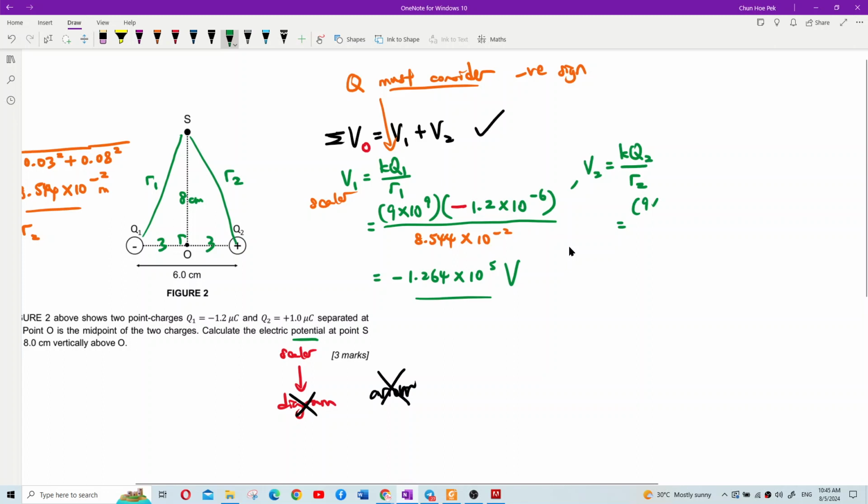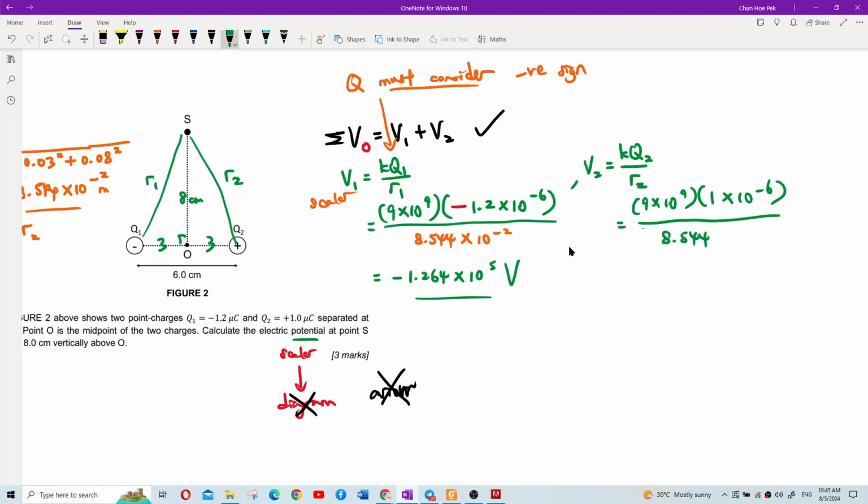So 9 exponent 9, times 1 exponent negative 6, divided by the same R. What do you get? 1.053 exponent 5.